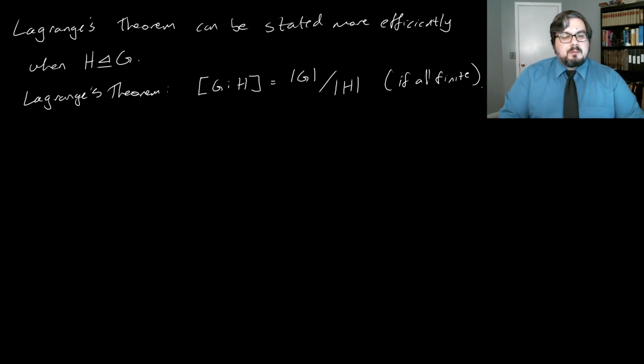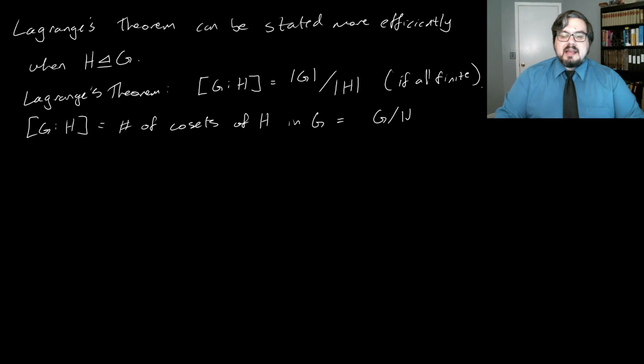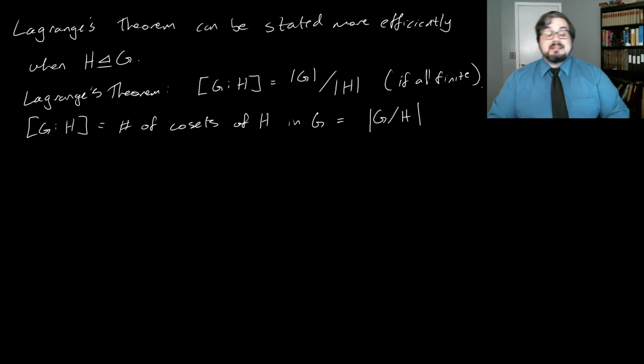But we also have that the index of H in G is equal to the number of cosets of H in G. But that's, of course, exactly the same as the order of the group G mod H, because the elements of the group G mod H are exactly the cosets of H in G.